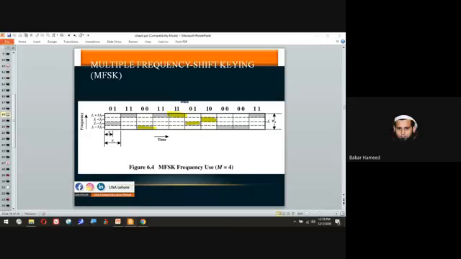As shown above in diagram, MFSK with M is equal to 4 and input stream of 20 bits is encoded 2 bits at a time, with each of the 4 possible 2-bit combinations transmitted as a different frequency.